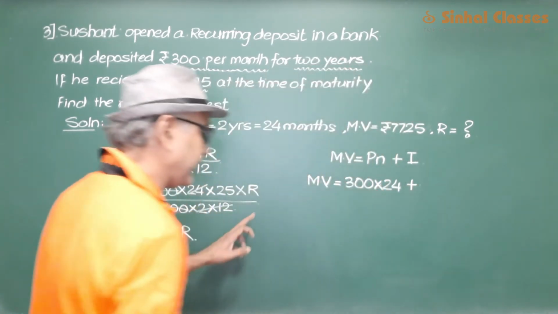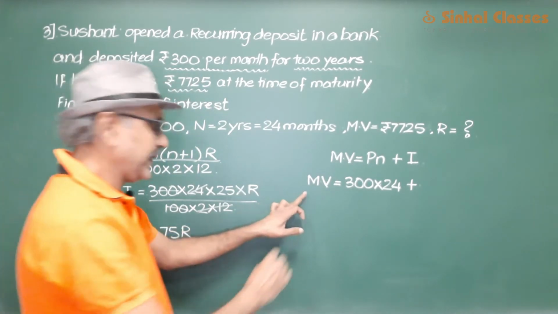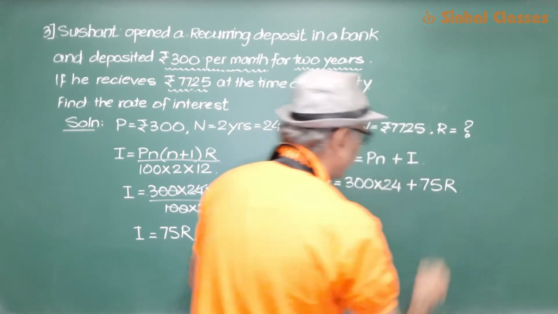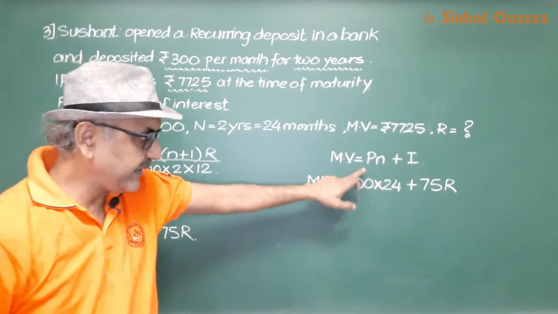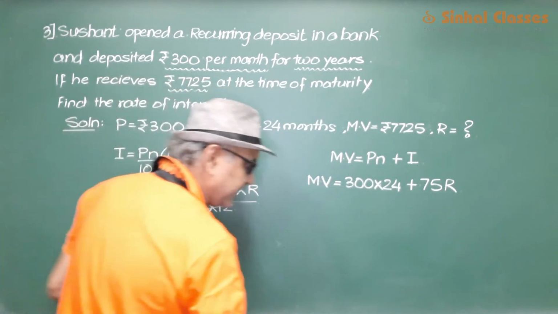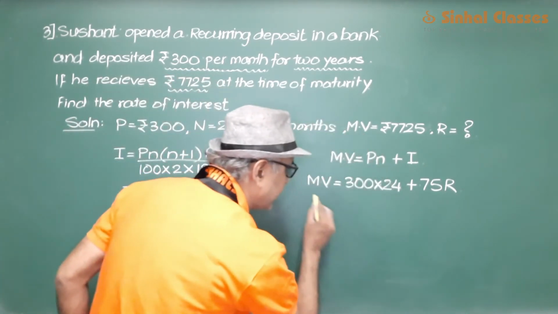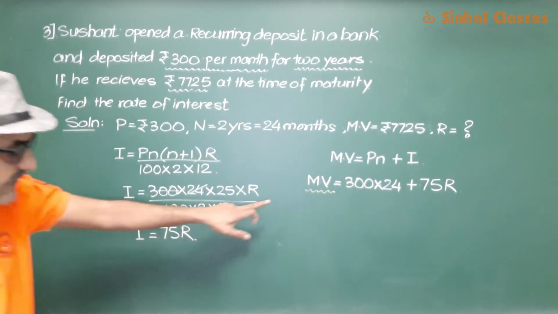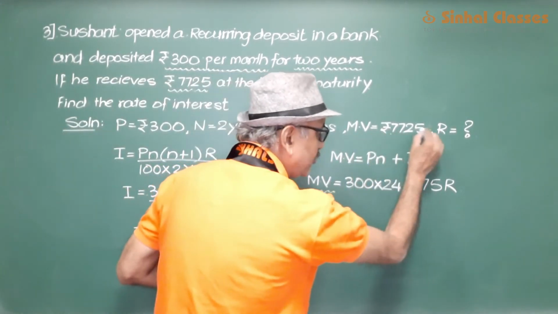Sorry. Pn plus I is 75 R. Now this value for MV is already given to us. It is given to us as 7725.